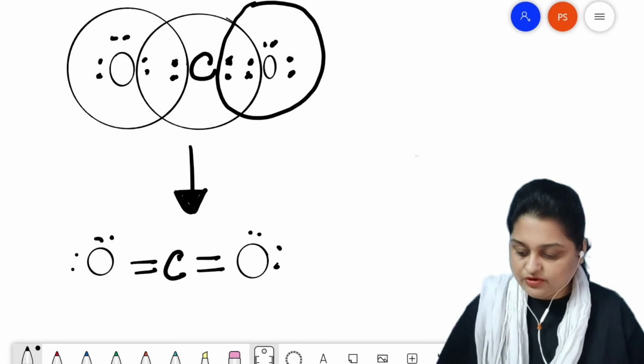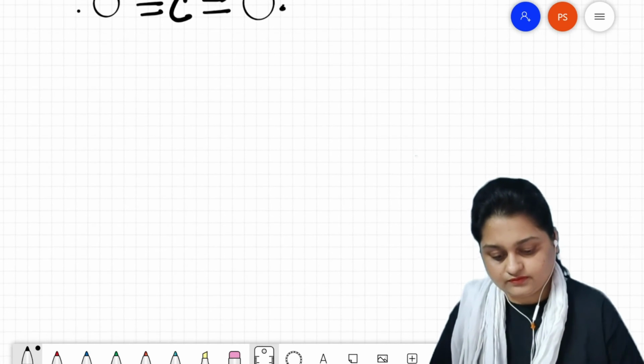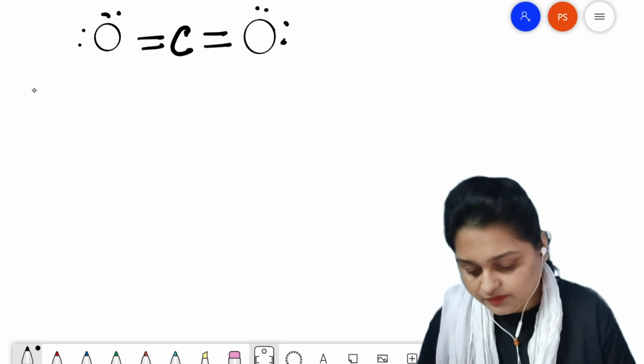The last type of covalent bond is known as the triple bond.